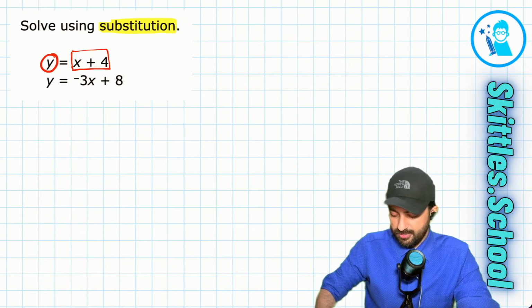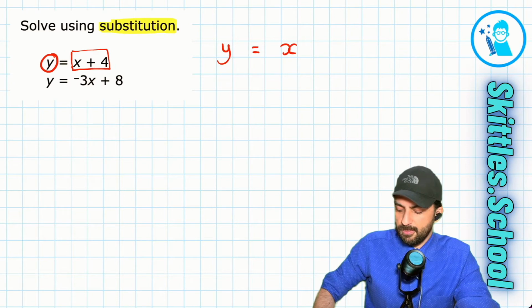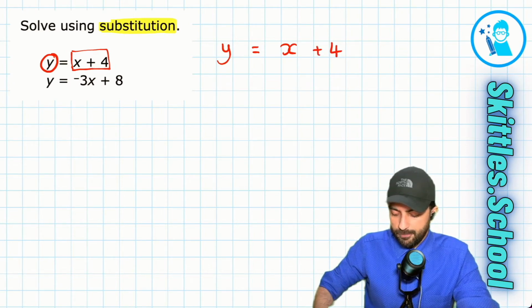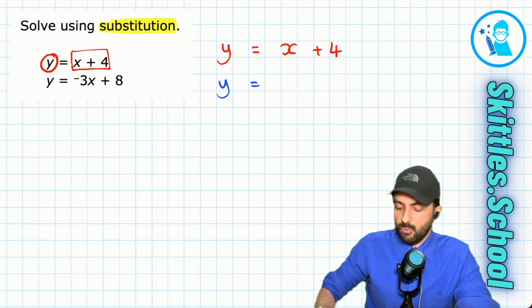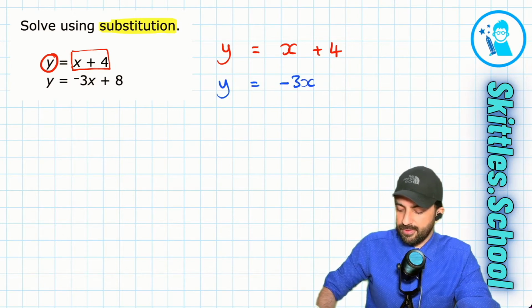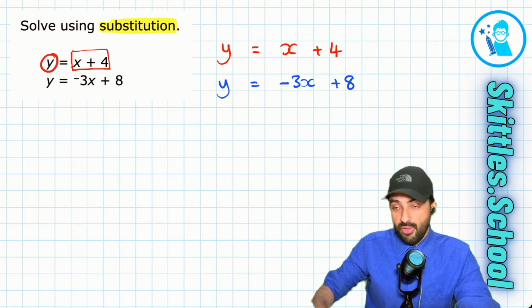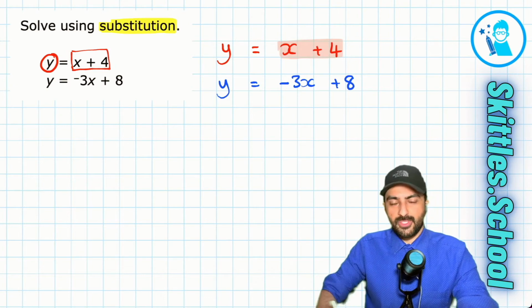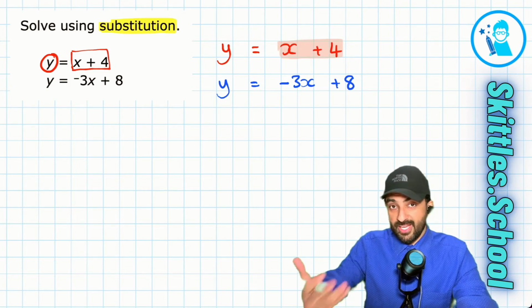So the first equation is y equals x plus 4. And the second equation, which I'm going to do in blue, is y equals negative 3x plus 8. So we know that y is equal to x plus 4, so we can replace the y with x plus 4.